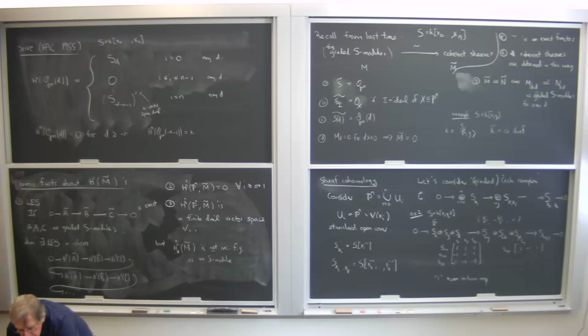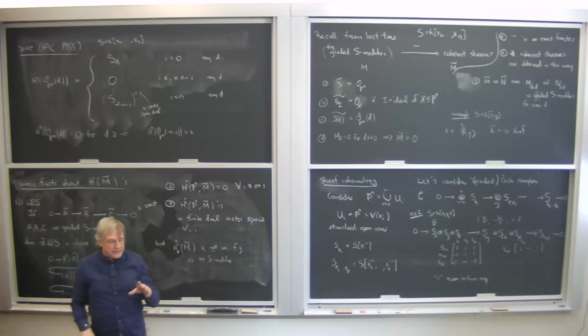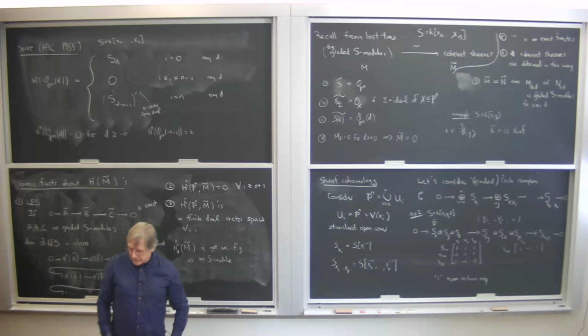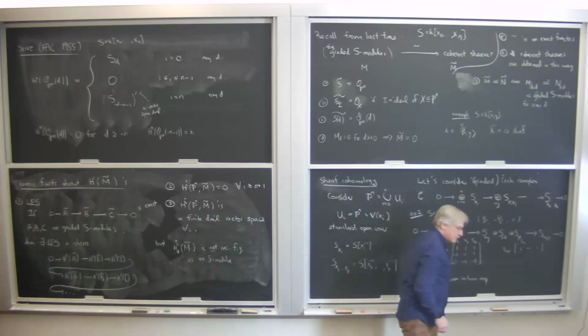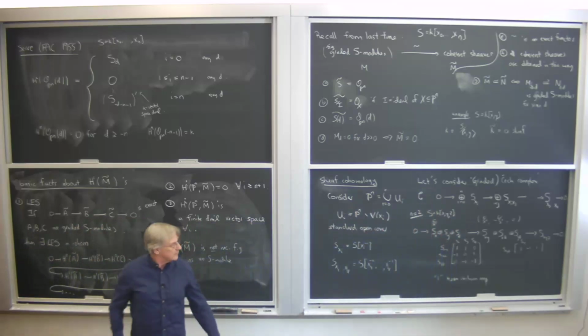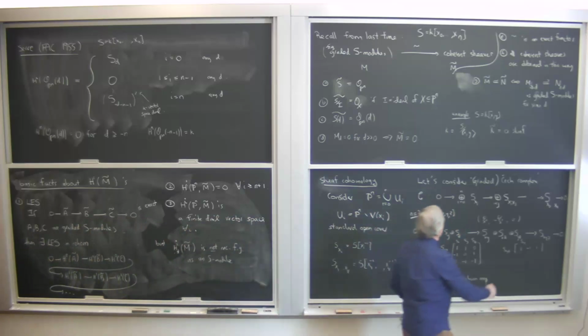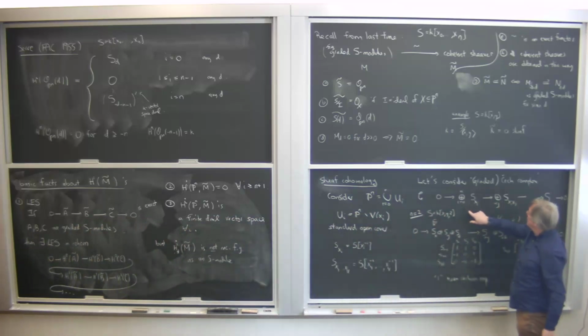Here, let me just do fields. So the maps are actually quite easy to write down. You have an element here, and you want to know what it goes to here. So that means you need to know what the coordinate is for this one.